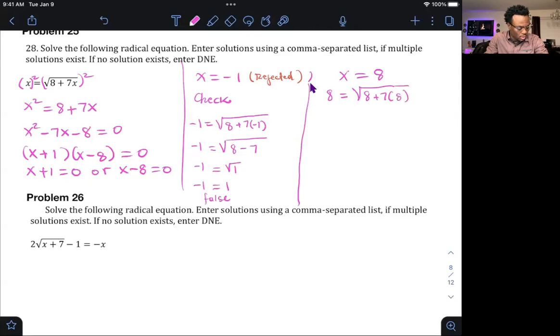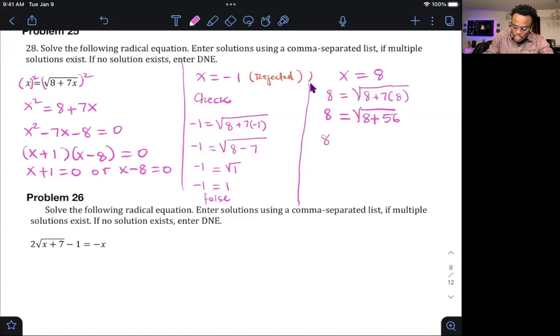So what do you have here? 8 equals square root of 8 plus 56, right?